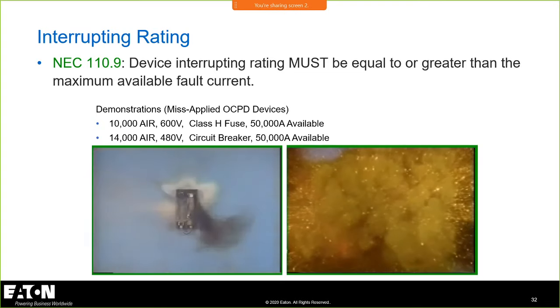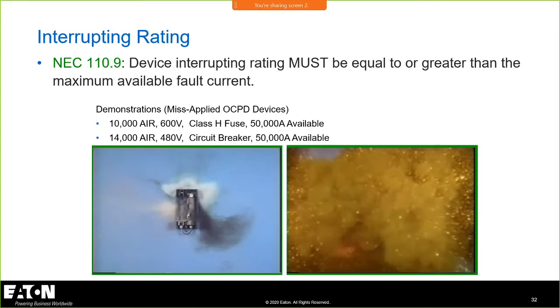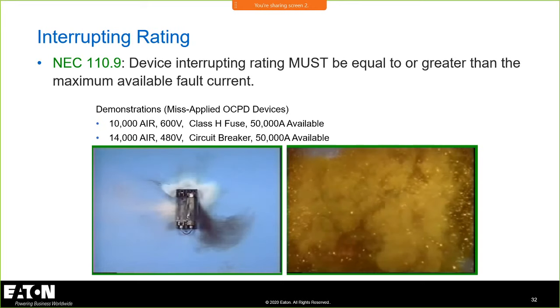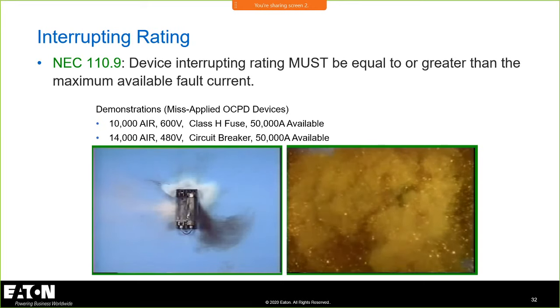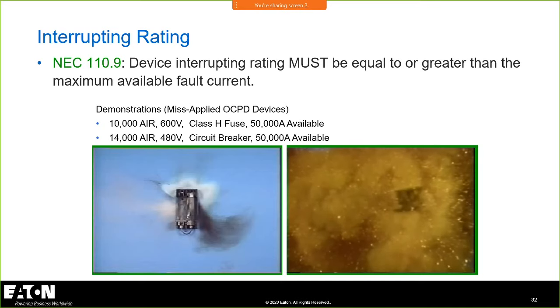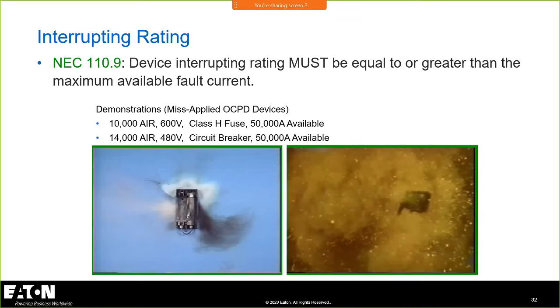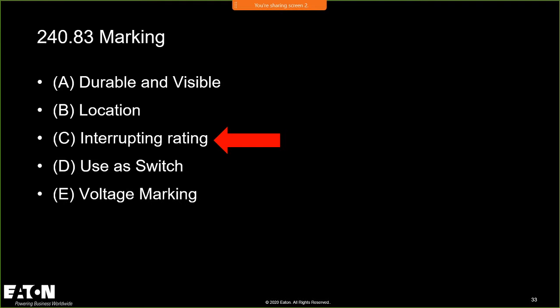You have to apply the devices within their interrupting rating. This is a serious misapplication. It sure is. If you don't, when they try to stop the flow of current, they can achieve an unintended rapid disassembly in the field.